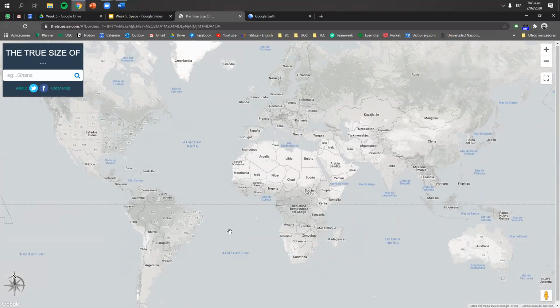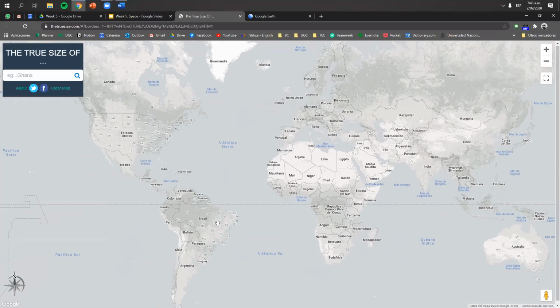In most cases, just to see how our country is so big, that makes a difference. That tells us something about ourselves. So that's why I believe it's super important to be aware of that.